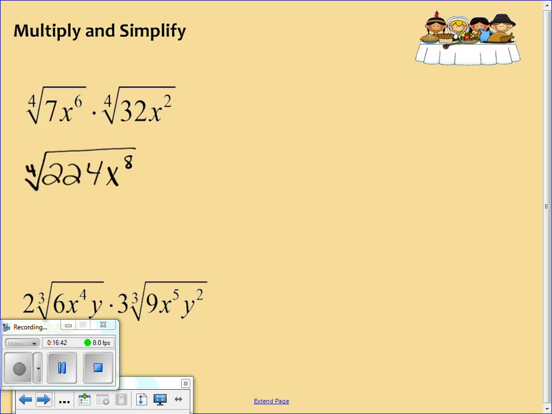No? All right. So we'll do a factor tree. 7 and 32, because you know that's where I would have started. It's funny. For some of you, it would have been 2, 2, 2.